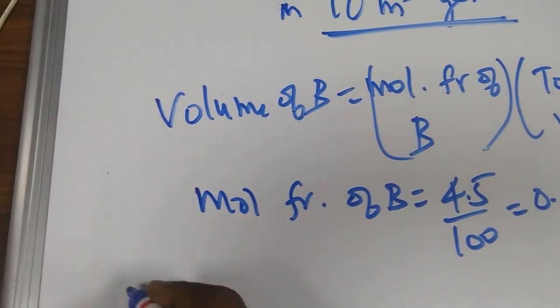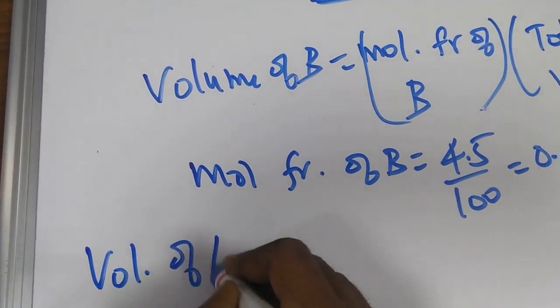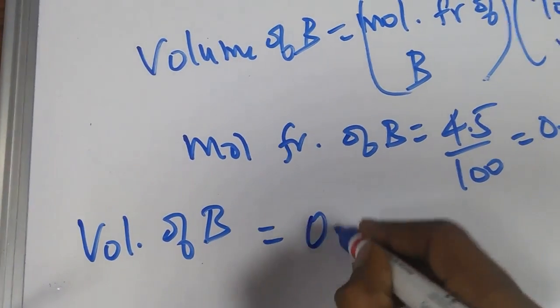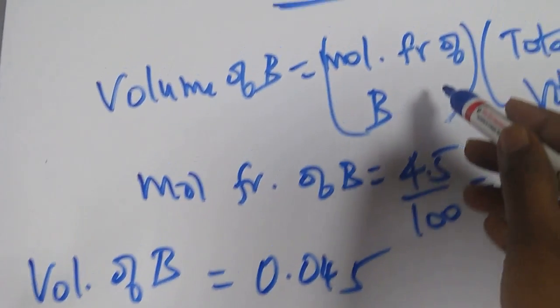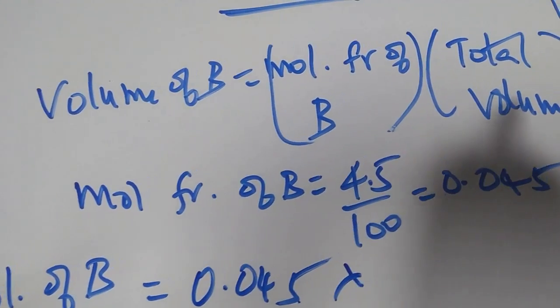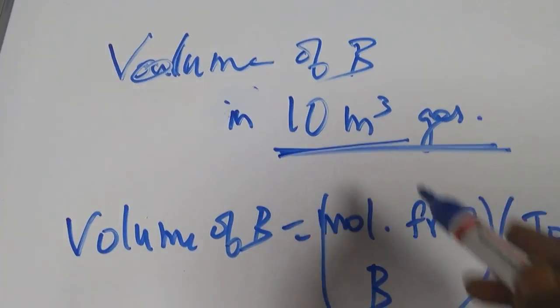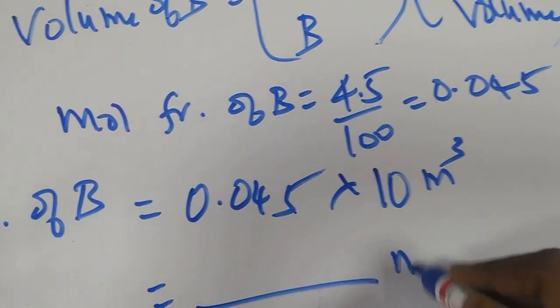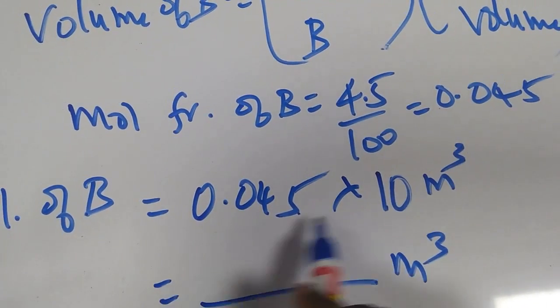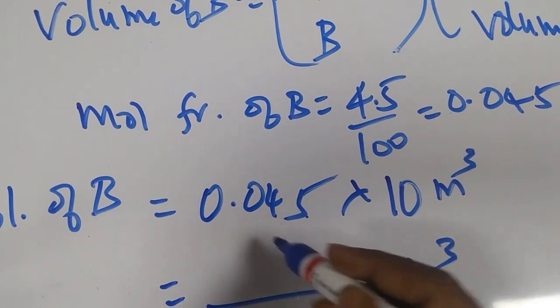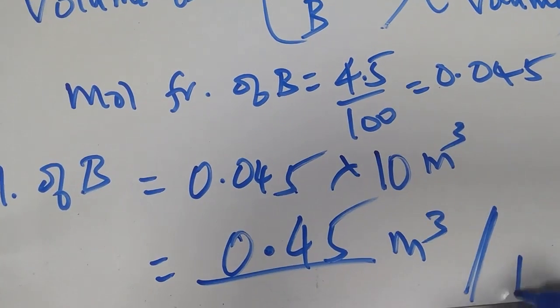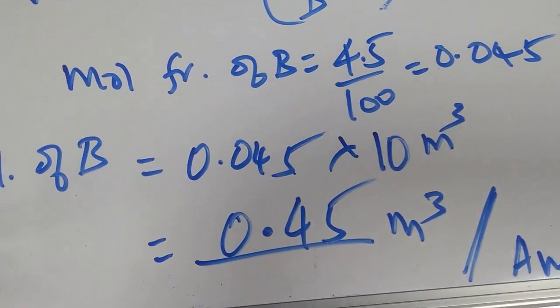Therefore, volume of B is equal to 0.045 into the total volume given, 10 meter cube. We get 0.45 meter cube. That is the answer for B part.